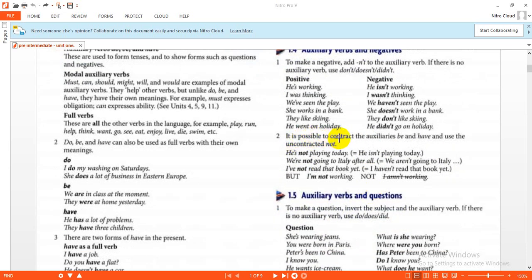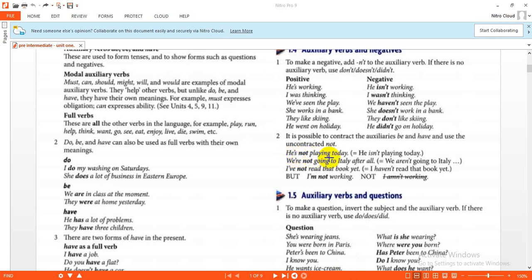It is possible to contract the auxiliary be and have and use the uncontracted not. عملية الاختصار ما بين الأفعال المساعدة وكذلك النفي راح تكون عن طريق الآتية.